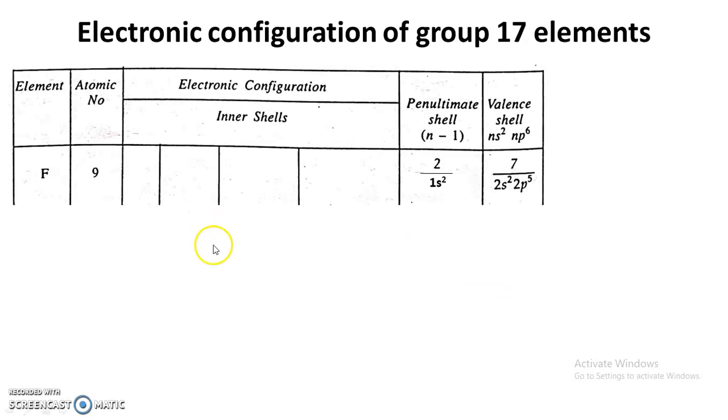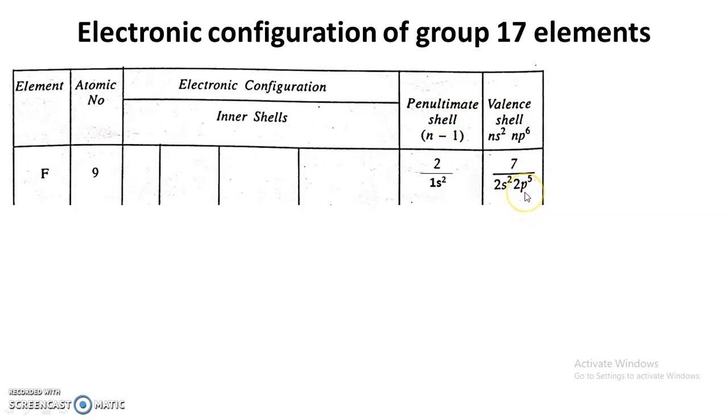Next is the electronic configuration of group 17 elements. The first element is fluorine. Its atomic number is 9 and in the penultimate shell there are 2 electrons, 1s2, and in the valence shell there are 7 electrons.